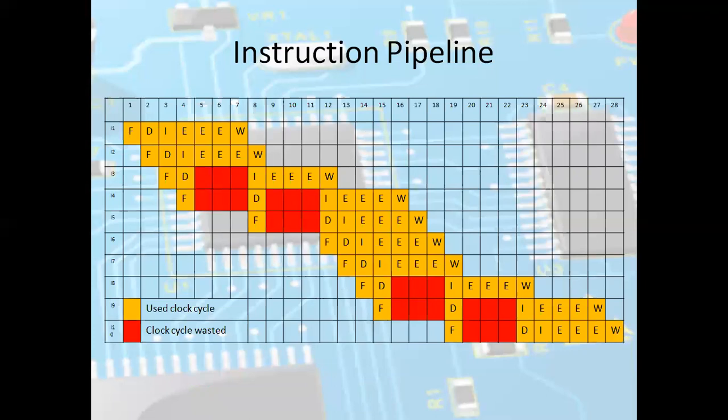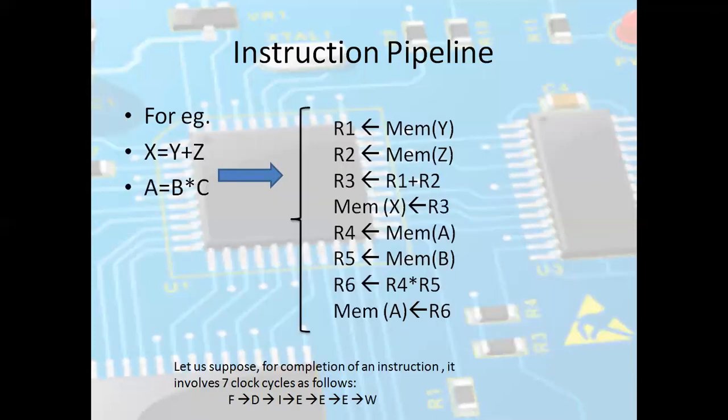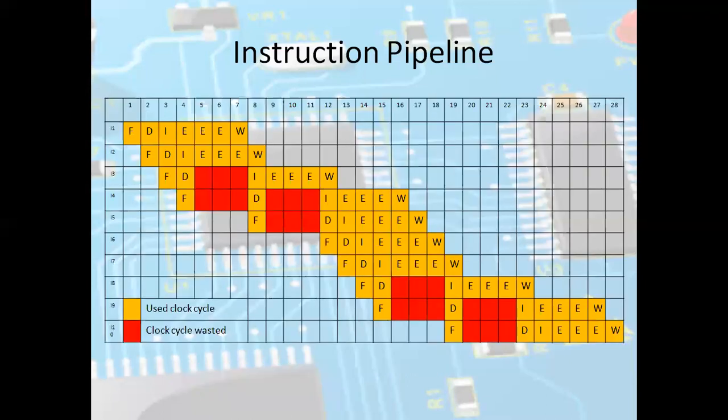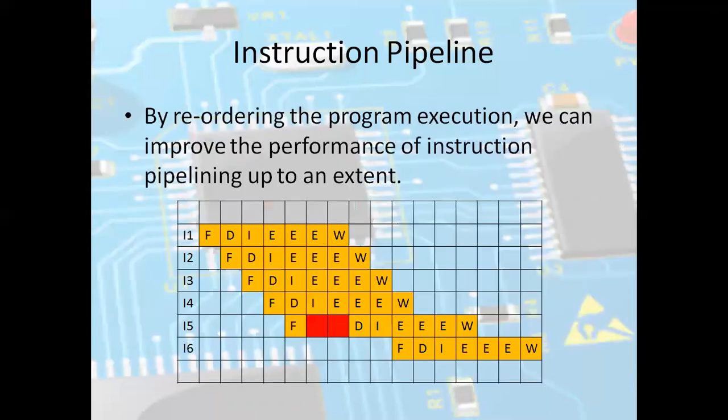If we use the previous sequence, we see that so many instruction cycles are wasted here. But by reordering the program execution, we can improve the performance of the instruction pipeline up to an extent.